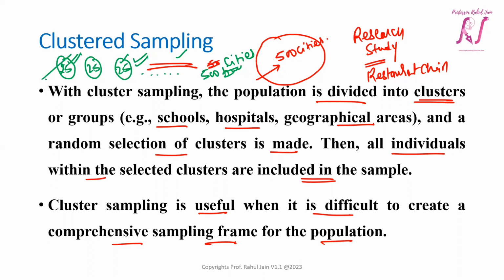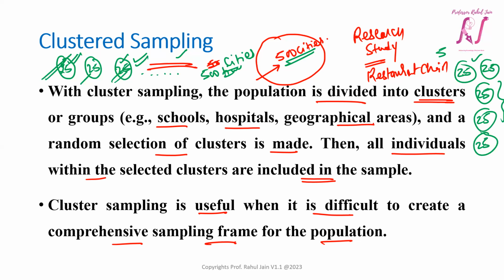Let's say out of this we have chosen 5 clusters, 25, 25, 25, 25, and 25 cities. They are all clusters of different cities out of these 500 cities, and we can ask our questions, whatever the research study is about, like the quality of food or the satisfaction of the customers, and we can make the inference on the basis of that.